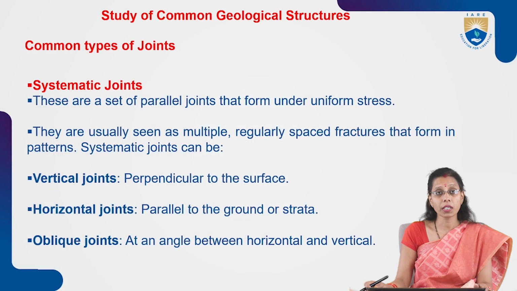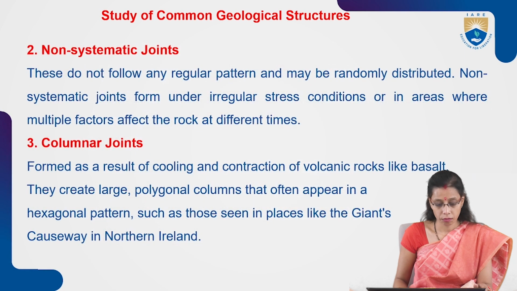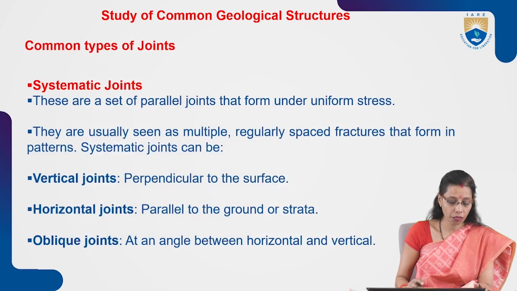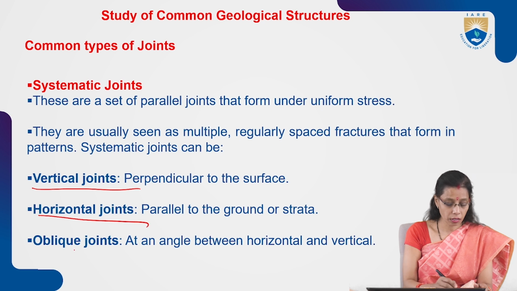Now, what are the common types of joints? We have the systematic joints: vertical joints, horizontal joints, and oblique joints.